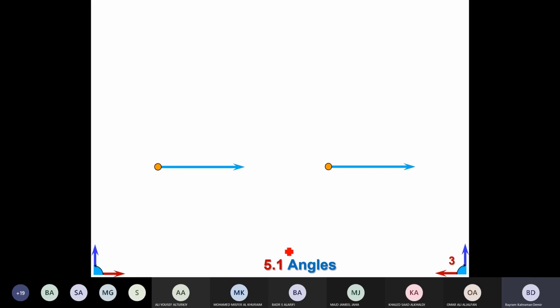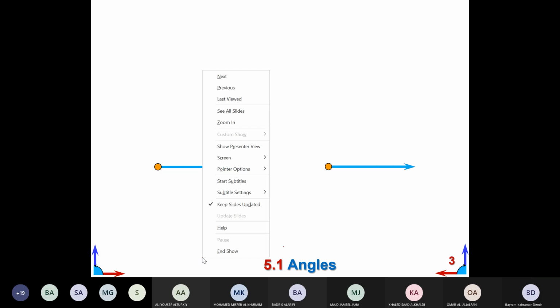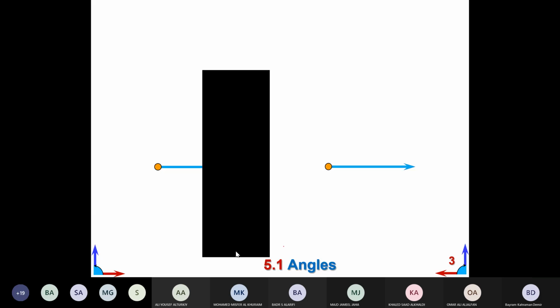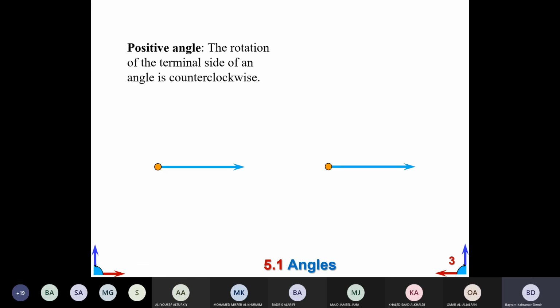And now let's talk about the positive angles and negative angles, Shabab. It depends on the direction of the rotation.